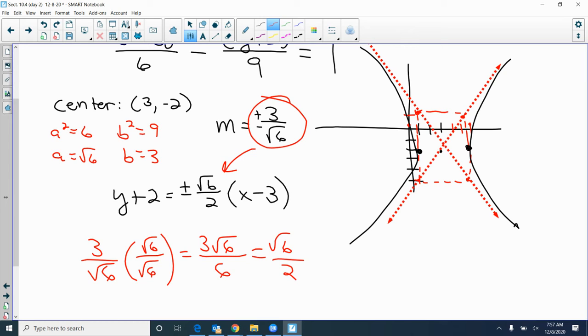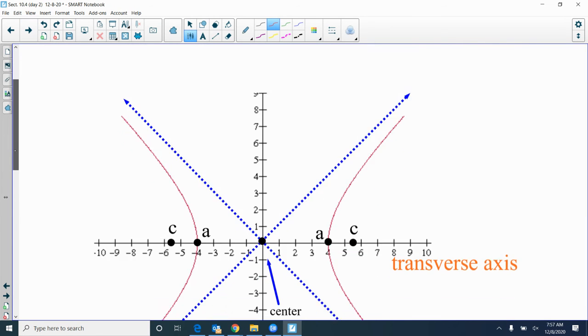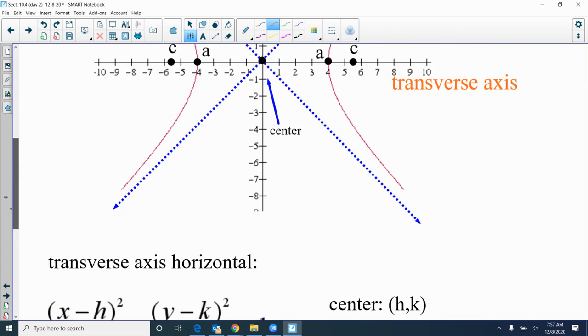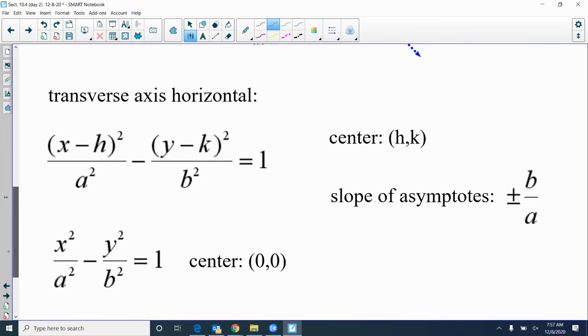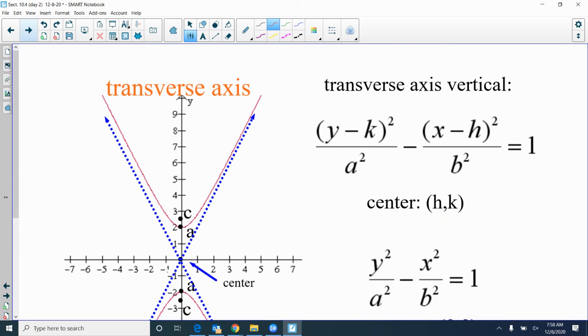All right, let's finish up on your guided notes there. This is just the basics for hyperbolas. Transverse axis, and I know the book asks you to find the transverse axis.